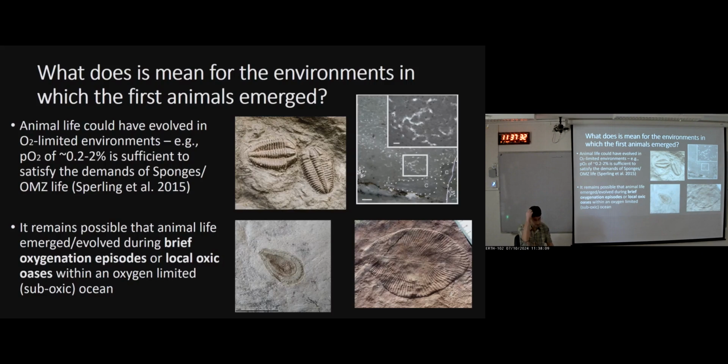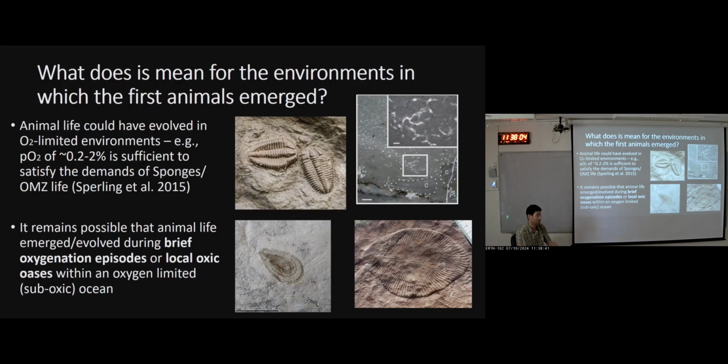But experiments that looked at, let's say, how much oxygen a sponge needs, or animals that are bottom feeders at the oxygen minimum zones, tell us that very little oxygen is sufficient for these animals to thrive. It takes something like 0.2 to 2%, and you can have animals living in the oxygen minimum zone. And so this is one scenario. The oceans are overall oxygen limited.